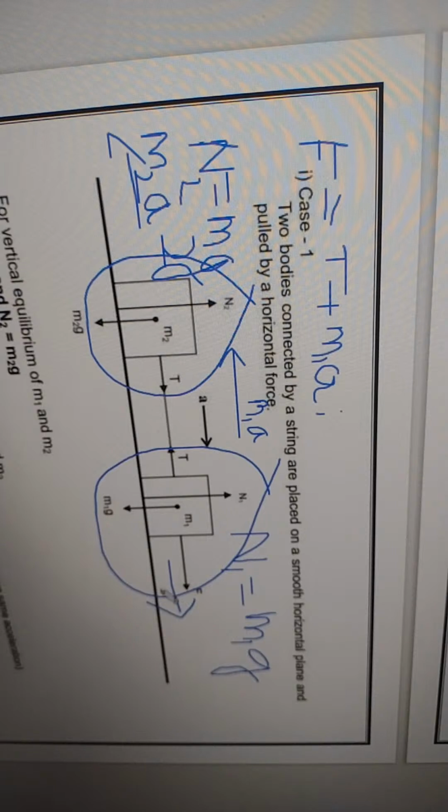There is no F. F is here only. So we consider it as T is equal to M2A. Tension is equal to M2A.